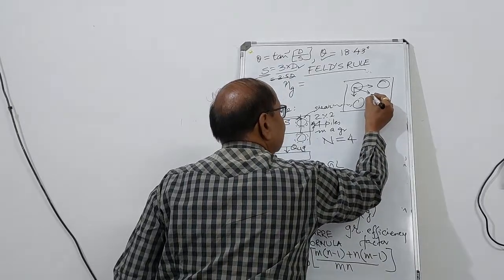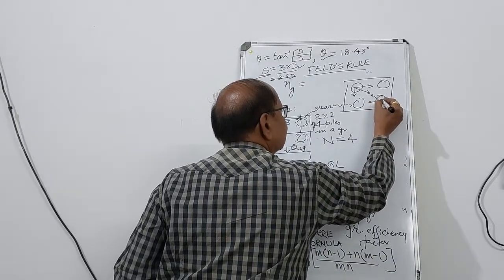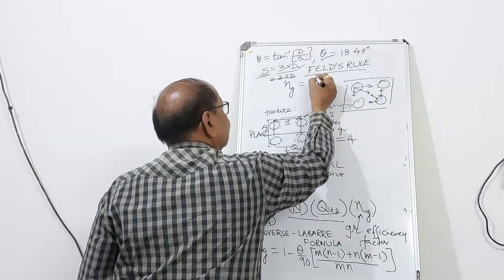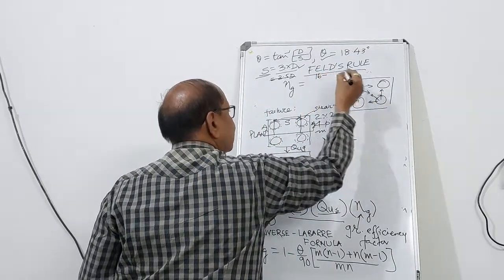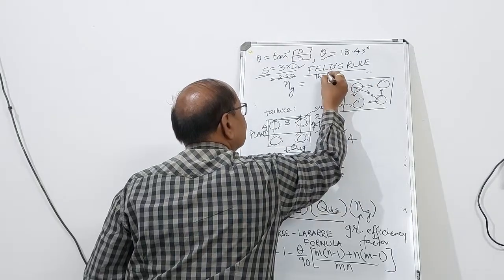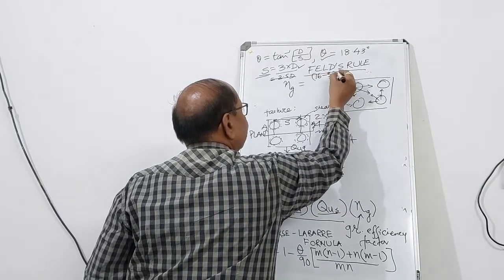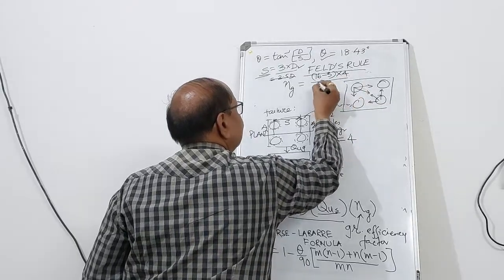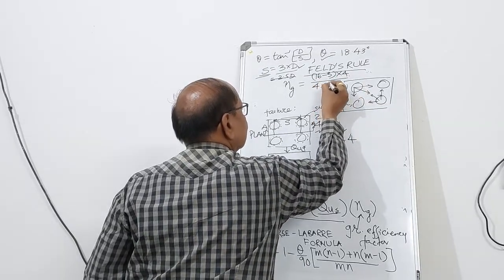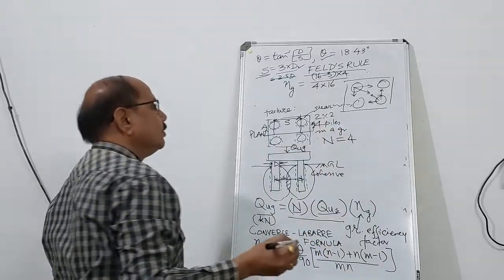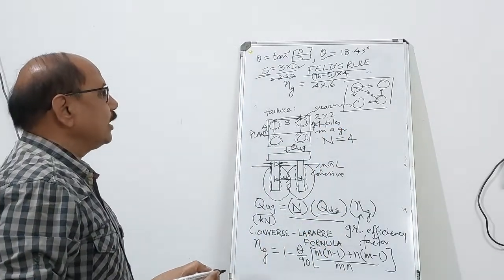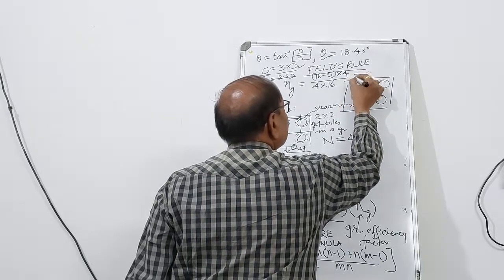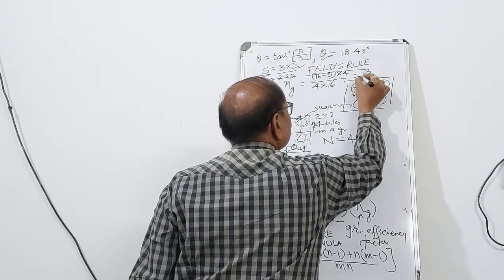Again, this has got interaction. So 16 minus number of interactions multiplied by number of piles, divided by 16. So you can calculate this one is going to be 13 upon 16.